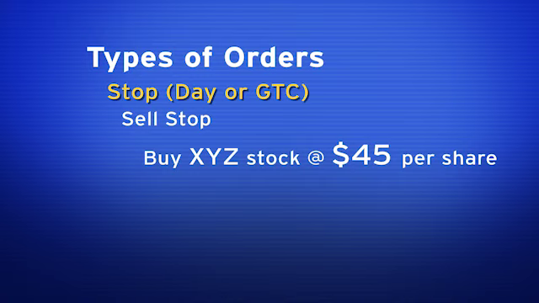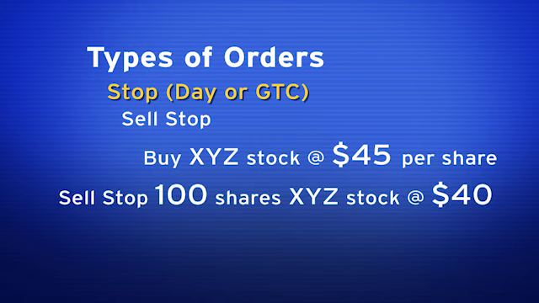Now remember, I bought the stock for 35, had a nice little run up to 45. I'm concerned about a pullback, so I'm going to enter a sell stop order for 100 XYZ at 40, could be day or GTC. If the price reaches $40 or lower, my order will trigger, becomes a market order, and executes at the next price.